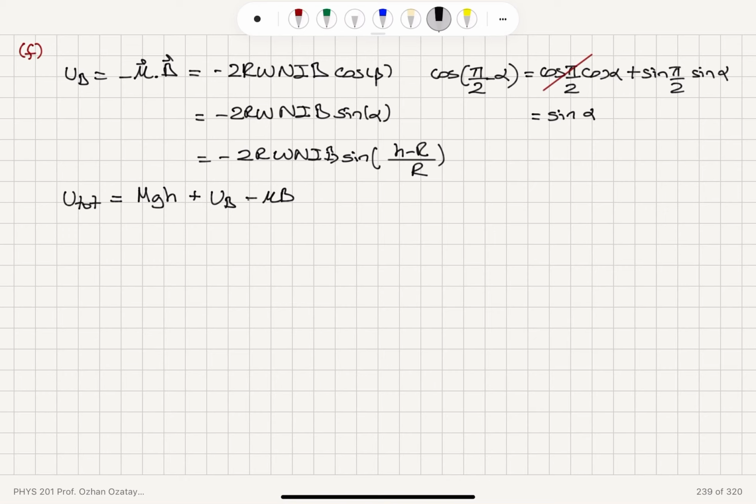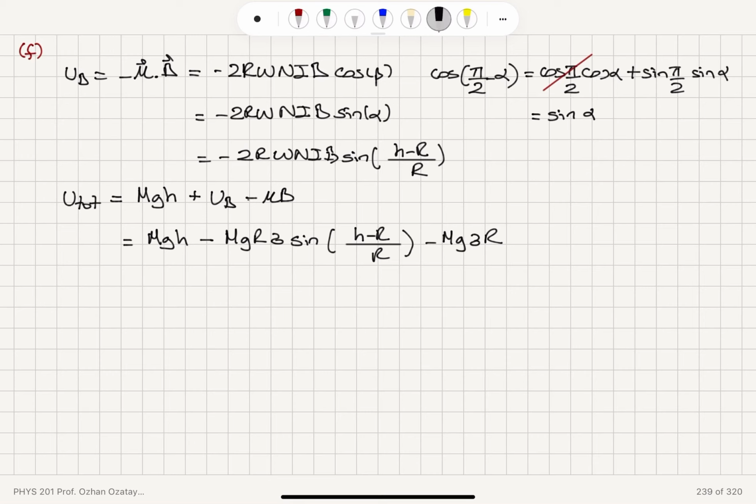So this gives me mgh minus, for 2rw NIB, I have sigma times mgr, so minus mgr sigma sine of (h minus r) over r, minus mg sigma r. That's the value of the potential when h is equal to 0. That's my reference point for the potential energy.